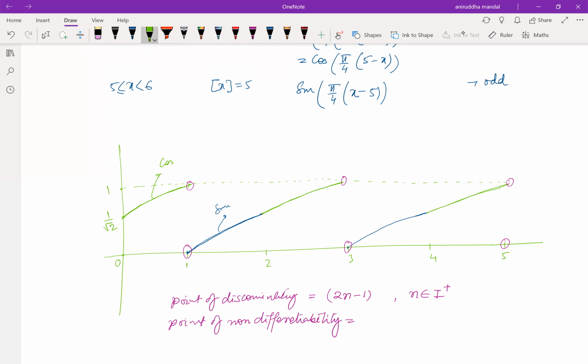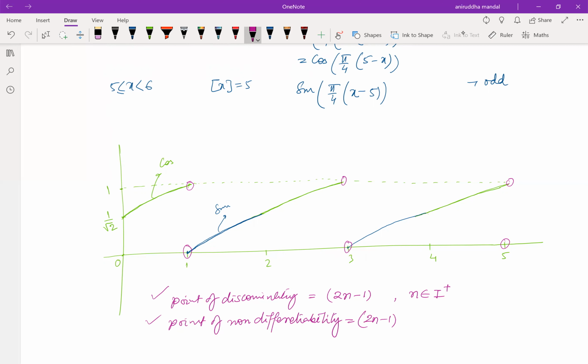If we check here, it is completely continuous slope. Okay, so our answer is also the same, 2n minus 1. So these are the points of discontinuity and points of non-differentiability.